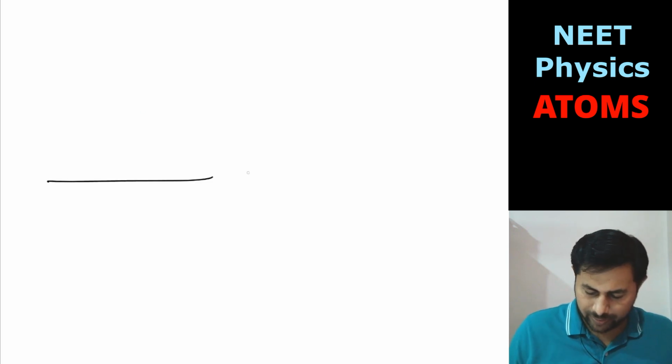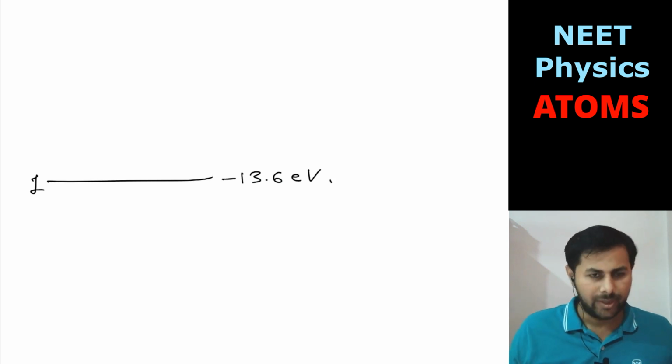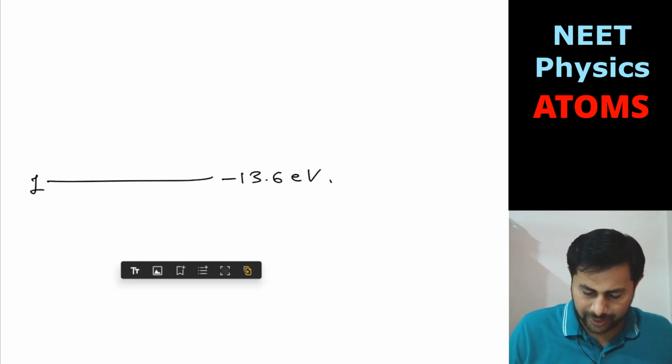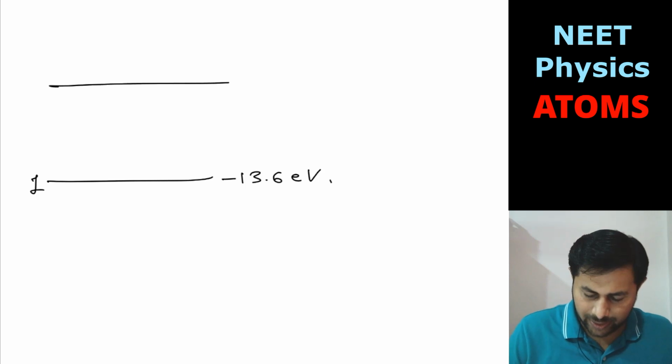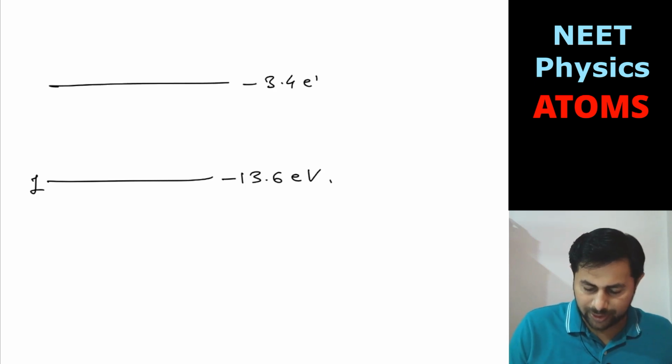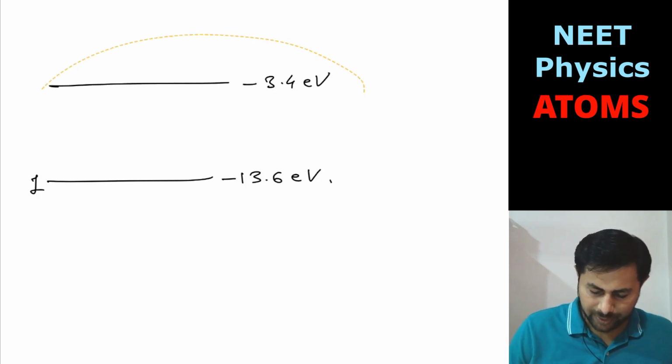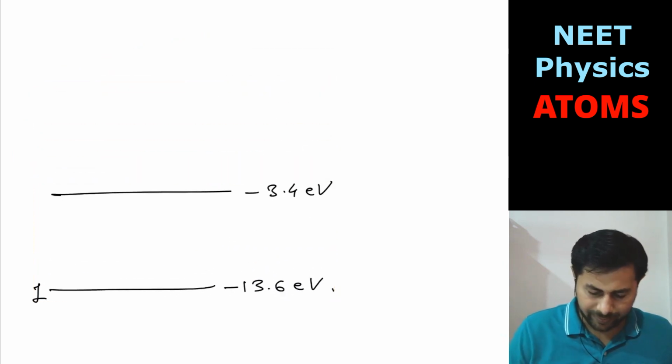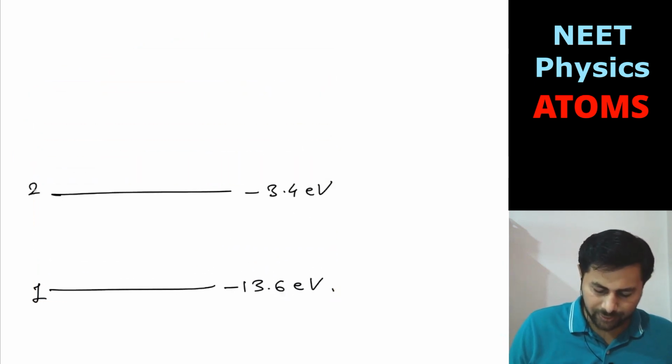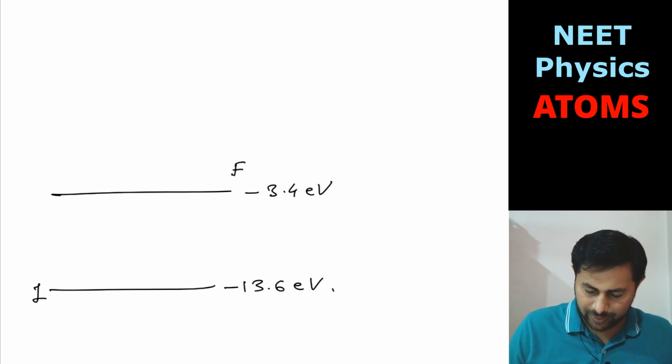So the energy of the first orbit, or first level, is minus 13.6 electron volts. The energy of the second level is minus 3.4 electron volts. This is E1, this is E2.